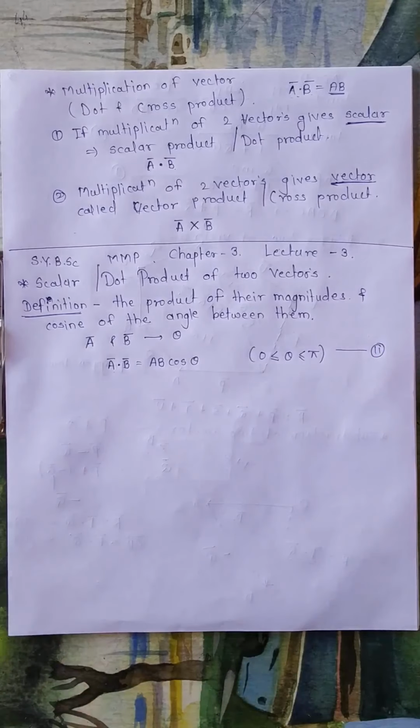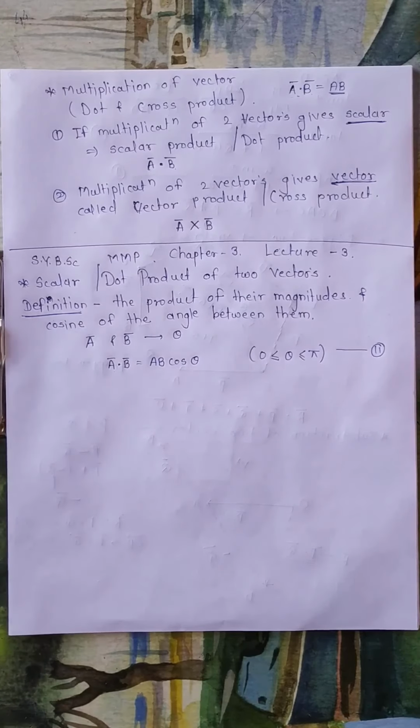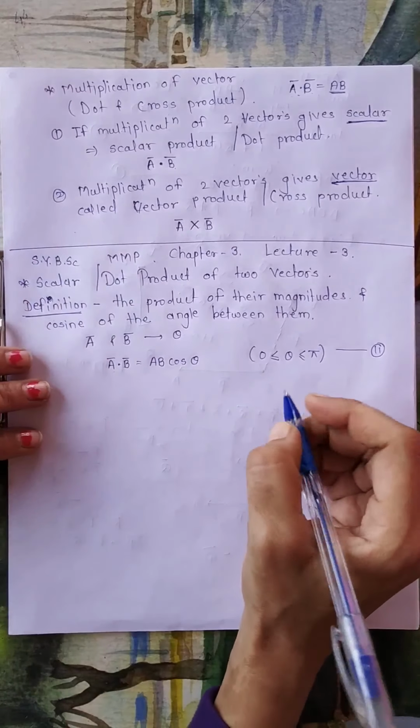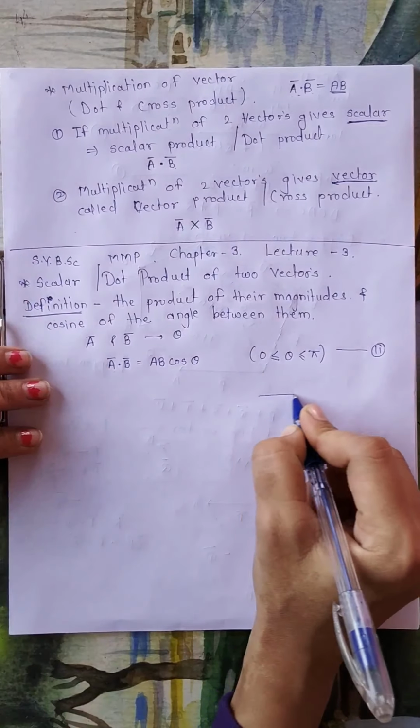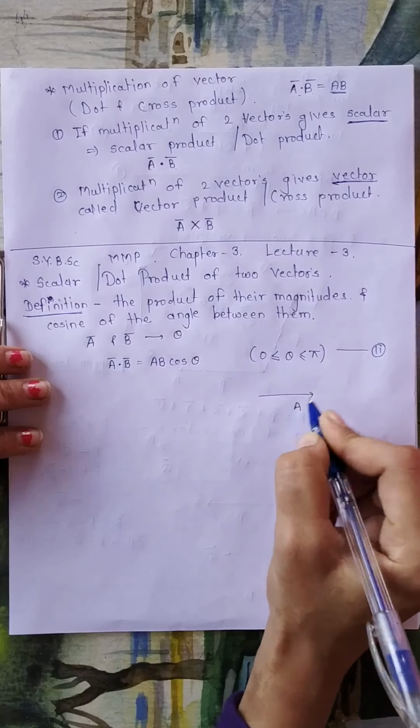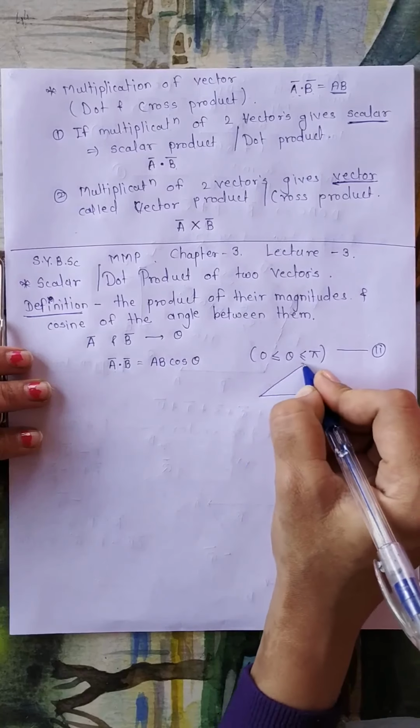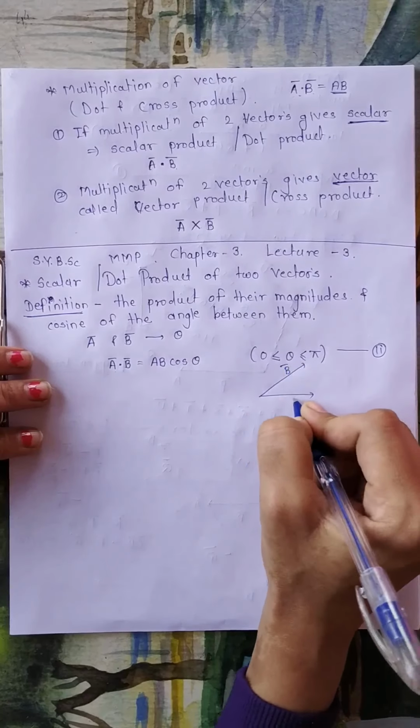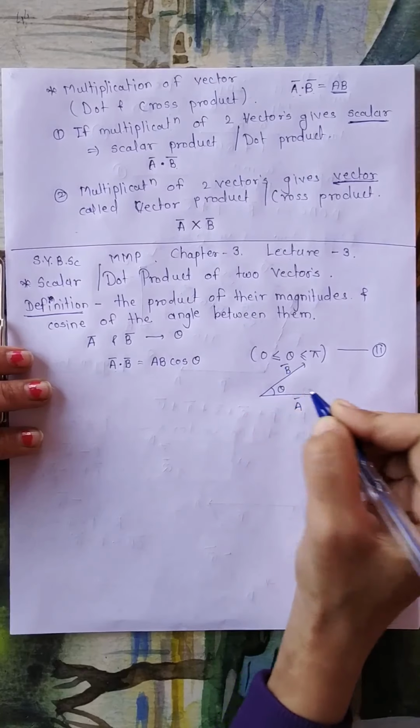So the dot product is represented as a bar dot b bar, which will be equal to ab cos theta, and I can show it geometrically. This is a bar, let's say this is vector b bar, and the angle between them is theta.